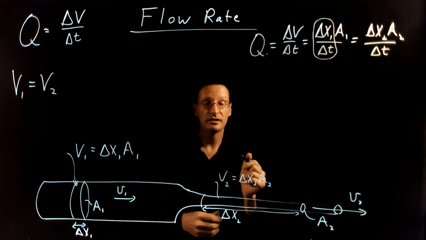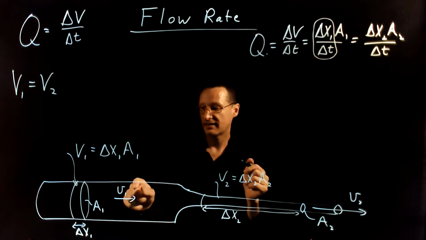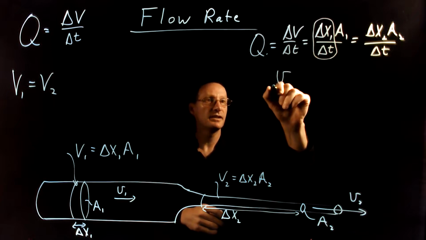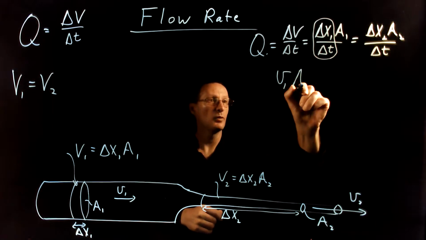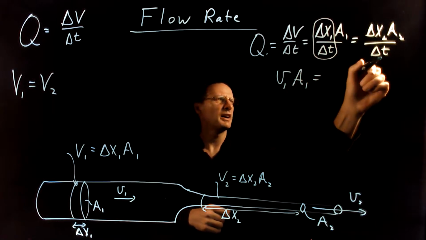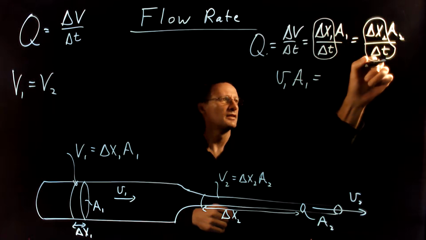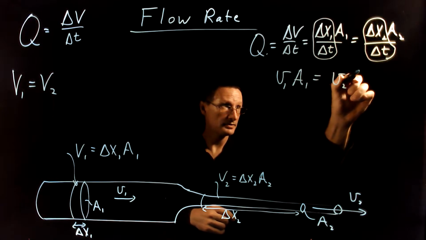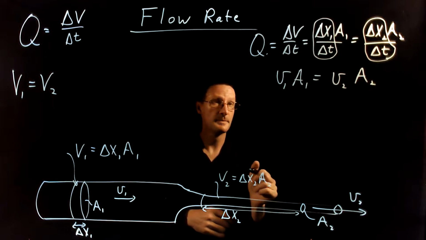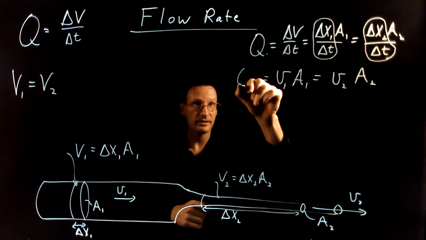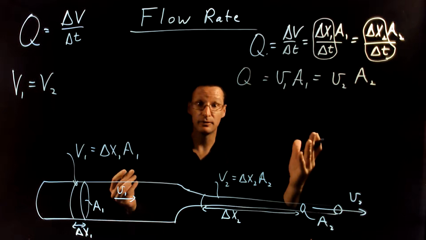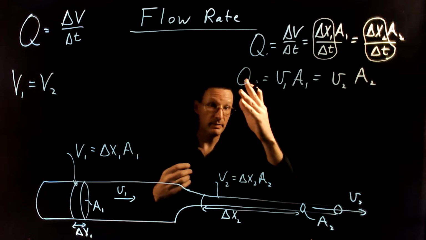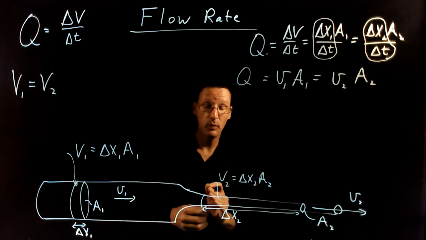This here looks just like a velocity, and in fact, that's this velocity, right? So we're saying that v1 times A1 is equal to, now again, this here looks just like this velocity, v2 A2. And this whole thing is a physically meaningful quantity, that is the flow rate, the amount of fluid passing a point per time.